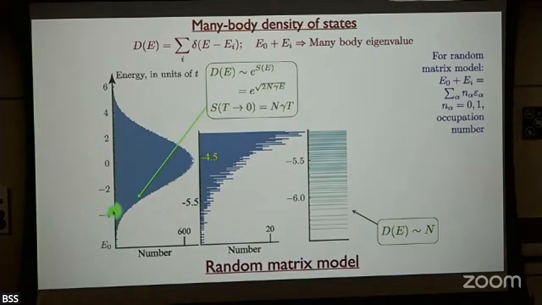Okay, so what are some of the features of this that I want to highlight? When the energy is extensive, when you're somewhere over here, when the number of particles is some finite fraction of the number of sites, and the number of sites goes to infinity, then we can apply thermodynamics. Then Boltzmann tells us that the many-body density of states is the exponential of the entropy. Now, what is the entropy at energy E?